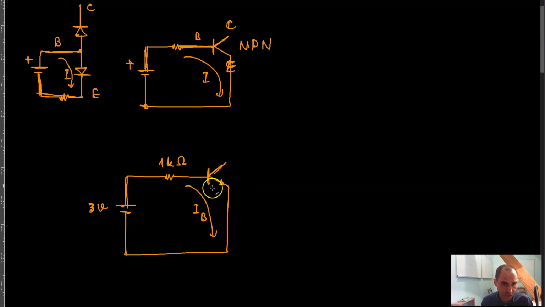Now, in order to calculate the base current of this transistor, when it comes to transistors, it's not easy to see what the transistor is going to do, because it's a semiconductor junction, and the semiconductor junction is not something linear. It's always a curve.